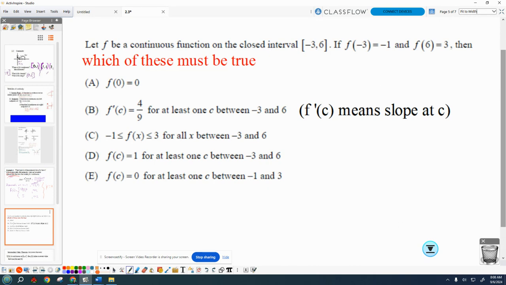Can we eliminate any? Can we pick any? Any line of attack? It has to be what? D? Why does it have to be D?